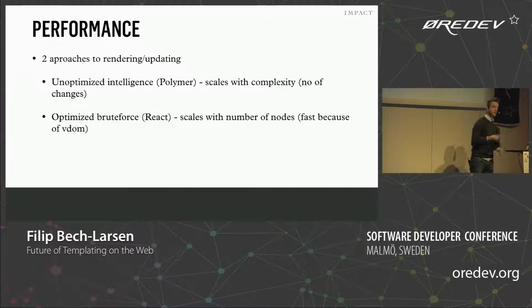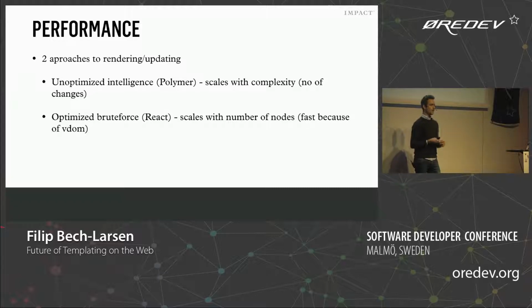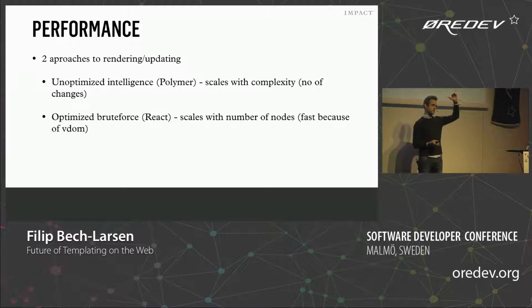The other way to go is the React way, or the virtual DOM way, where the name I've come up with is optimized brute force. What React, or the virtual DOM, really does is it makes a representation of everything, then it makes the same representation with the new stuff, and then it compares them very, very fast to see where the changes are, and then it updates those changes.